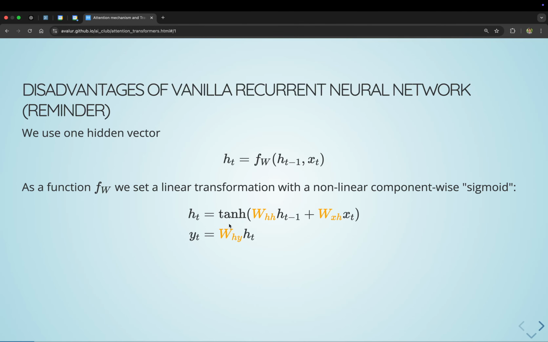And here is a very simple formula of one linear layer and the activation function tanh to build this model, and all the orange color matrices here are the parameters of the model. So we train them during the whole cycle.